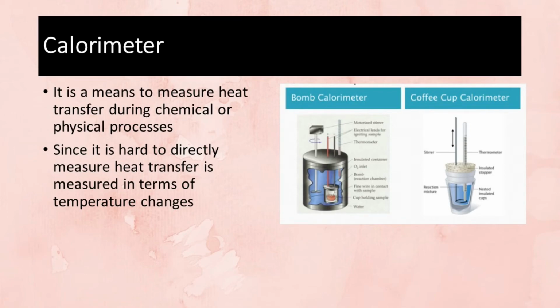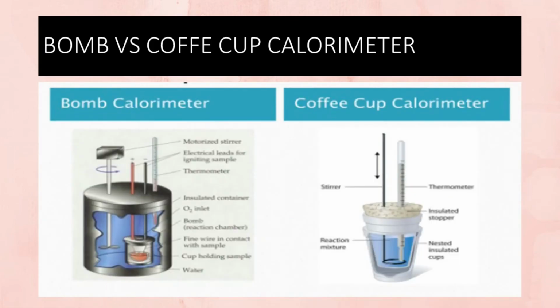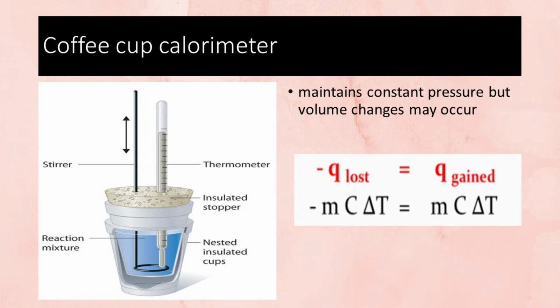A calorimeter is a means to measure heat transfer during a chemical or physical process. There are two types of calorimeter, bomb calorimeter and coffee cup calorimeter. A coffee cup calorimeter, or a styrofoam cup, provides insulation when materials are mixed inside of it.